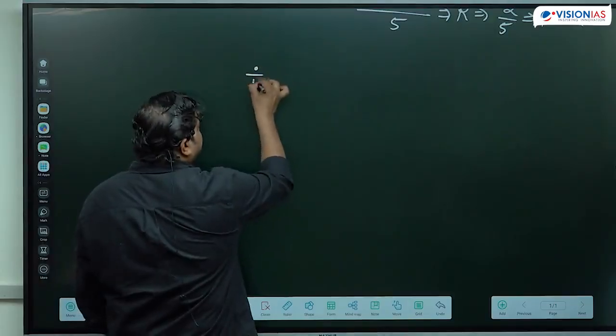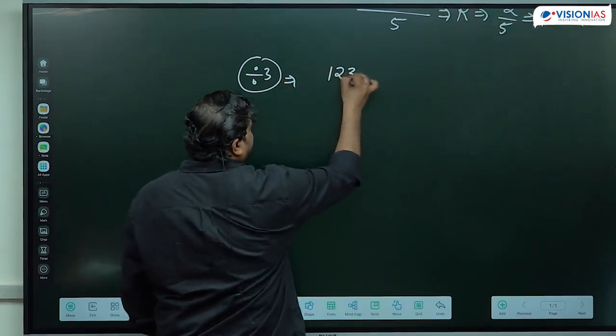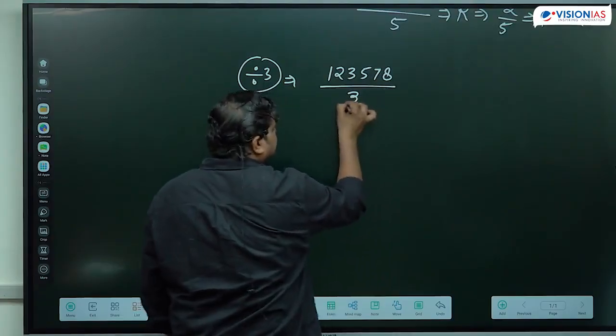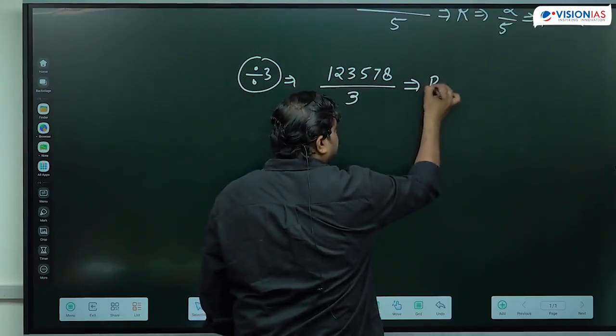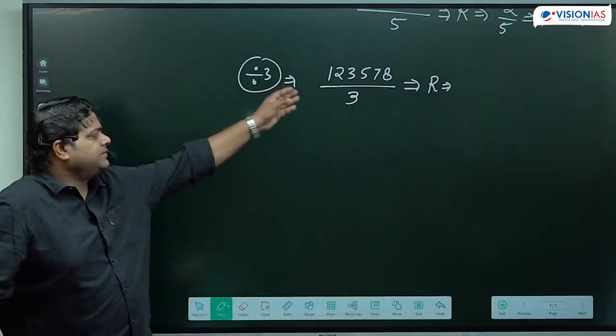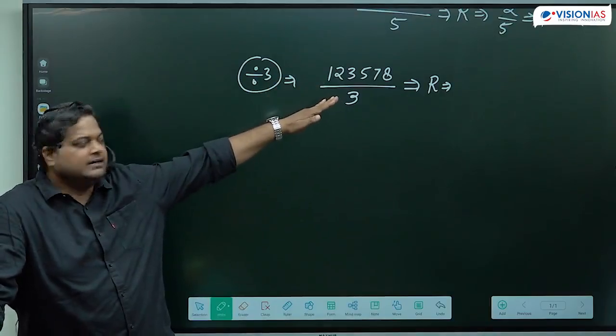Then divisibility rule of 3 say how we can get remainders? 8. If we divide by 3, what remainder we are going to get? So what does it say? Divisibility rule of 3. Sum of digits must be divisible by 3.